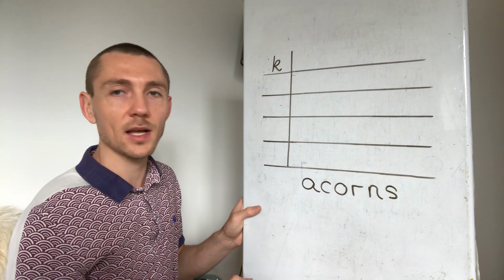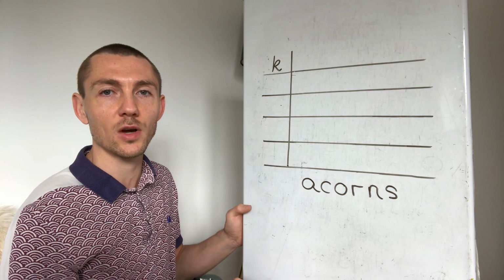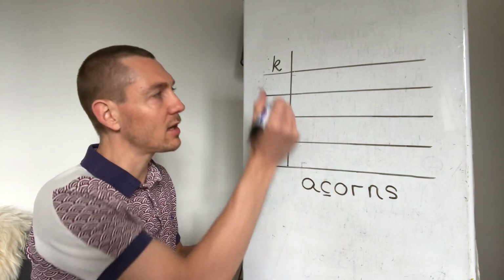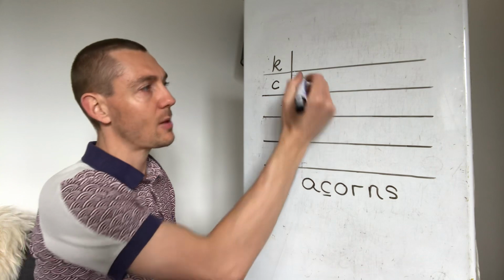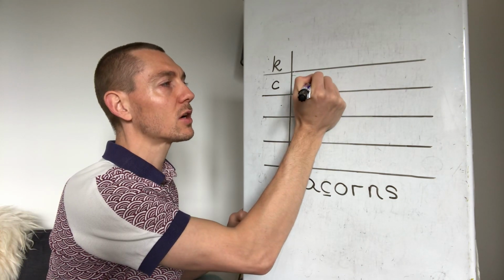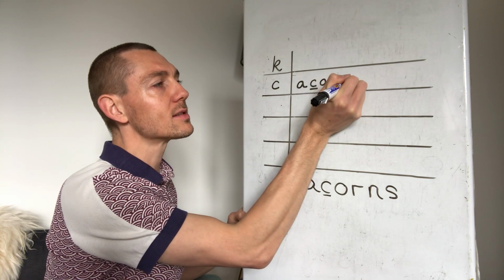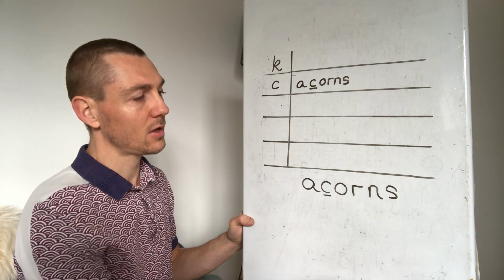Can you use that to label one of the sections and say the sounds and write the word acorns? Okay, and it's the c spelling, isn't it? So we put that in the margin or as a header for our section, and we say a, c, or, n, z, acorns. Good.